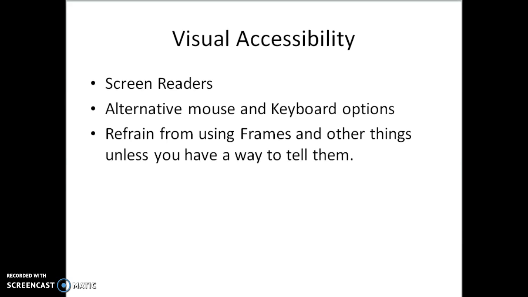If you have a hard time with seeing the mouse, sometimes you can use an alternative mouse or keyboard if you have a hard time with hand-eye coordination. And if you're the one trying to make a website for people with visual disabilities, don't make it super complicated. Make it very clear and easy to read, or at least make it possible for people to read it.